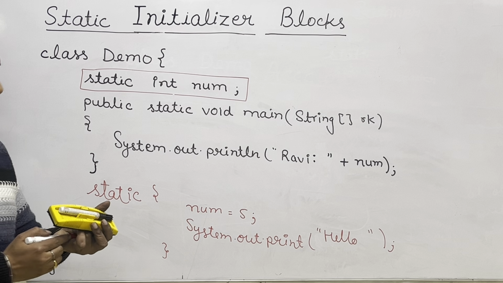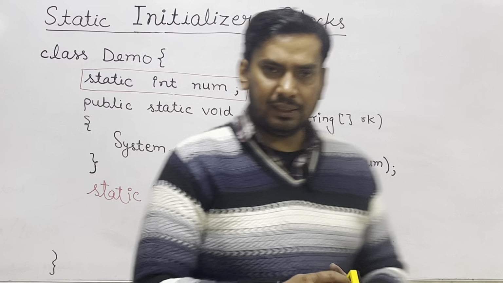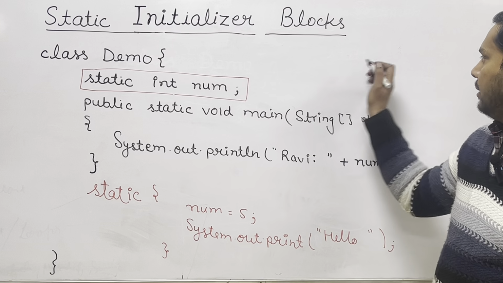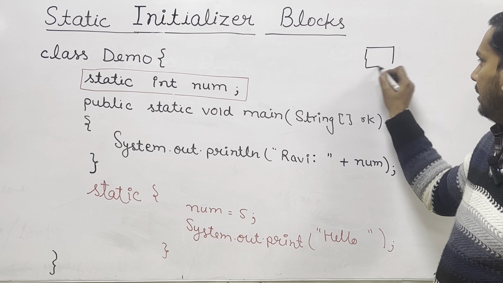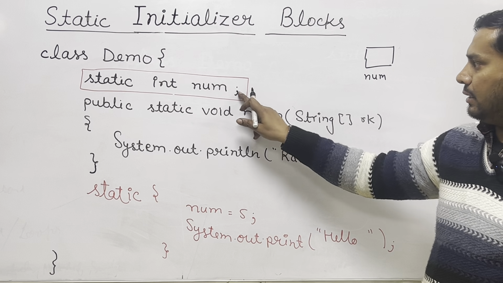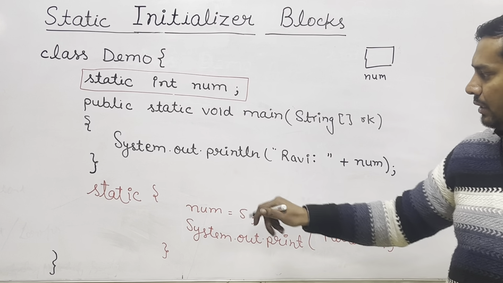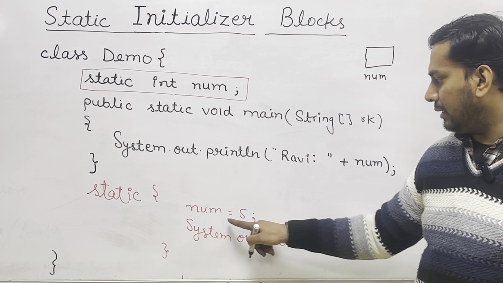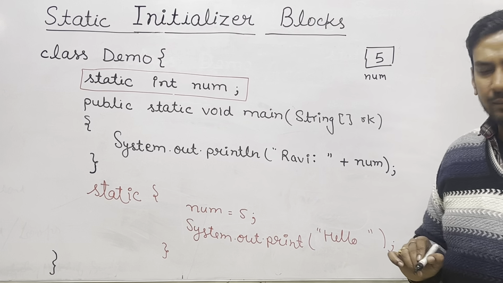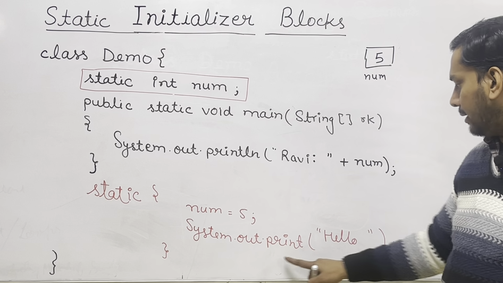Now, let us understand the output. I have written this class. First of all, the static data member will be created. It means in the class area you will get this num variable created, then the static block will be executed. The static block will say num is equal to 5. So, 5 will be assigned here, then it will print hello.